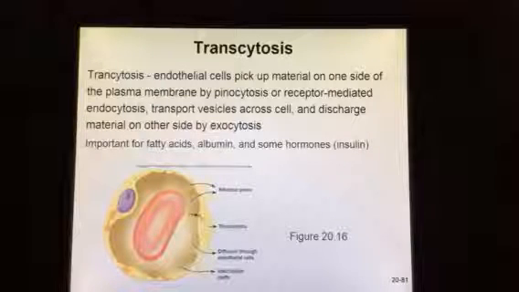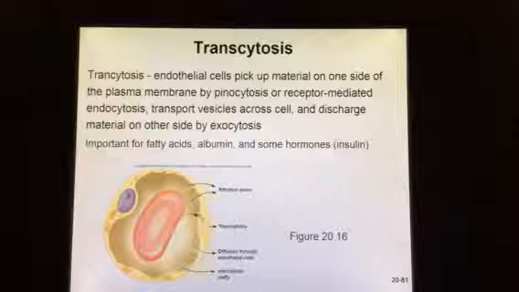Remember, that's where the cell membrane kind of wraps around the particle or the molecule and kind of pulls it in. And that's inside a vesicle at that point. So once the particle is pulled in, it's in a vesicle, it moves across the cell, and then basically goes through exocytosis on the other side of the cell. So this is a fancy way of saying comes into one side of the cell by endocytosis and then out the other side of the cell by exocytosis.